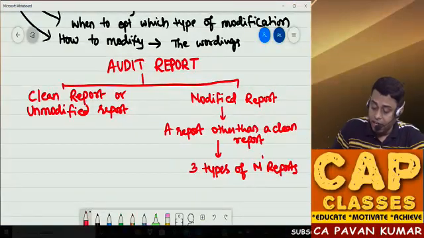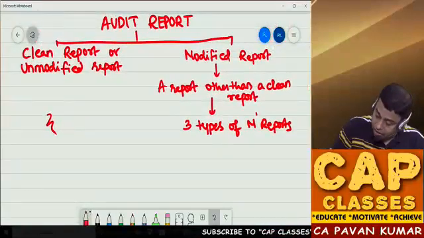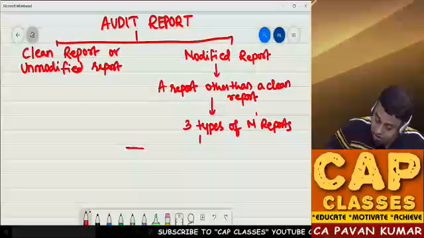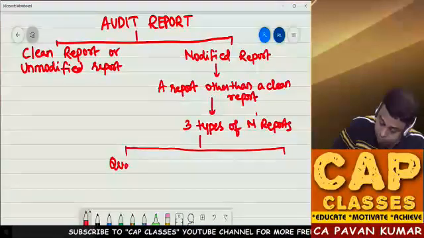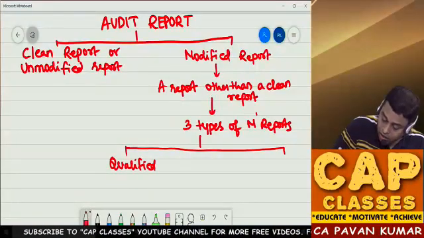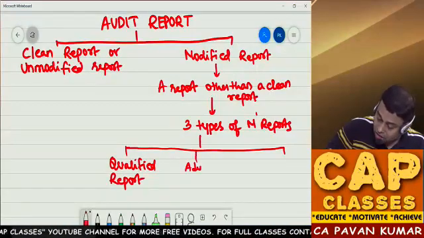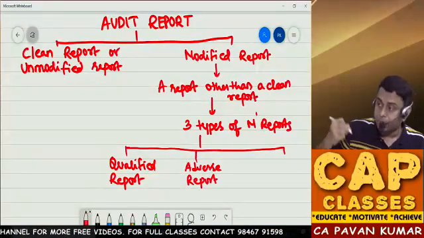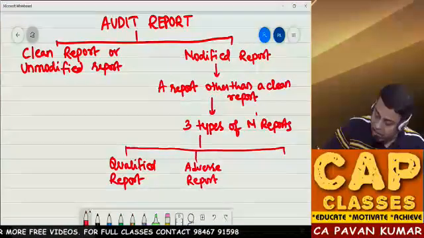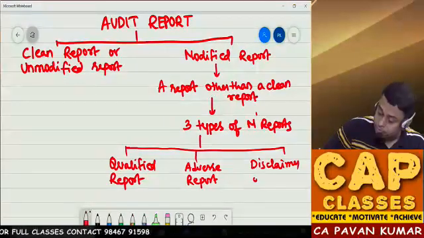One is called a qualified report. Second is called an adverse report, also known as a negative report. And third is called a disclaimer of opinion.